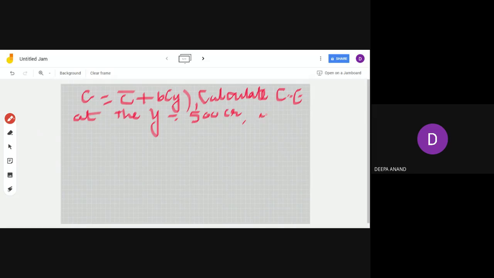If autonomous consumption is 40 crores and 40% of the additional income is saved.